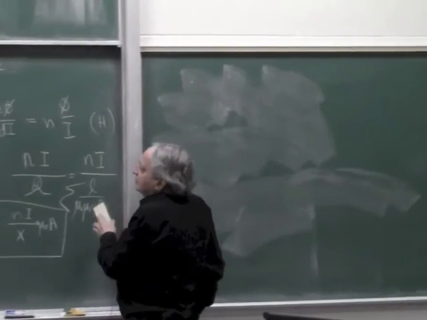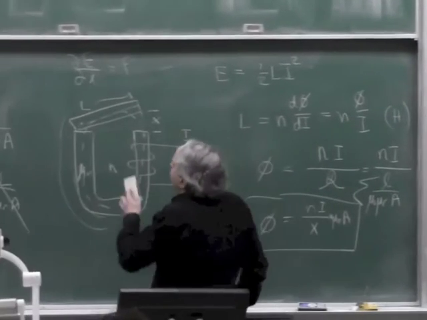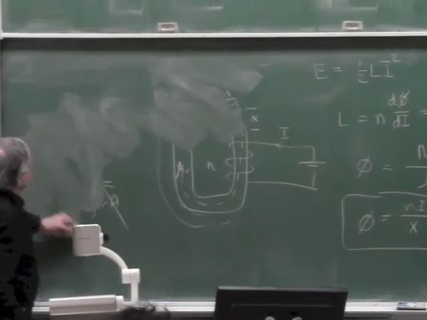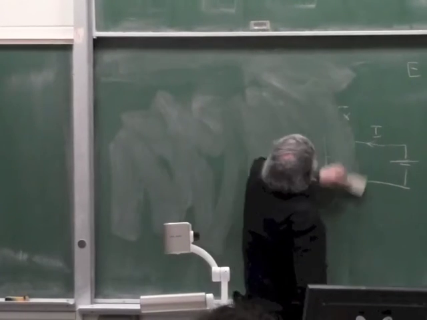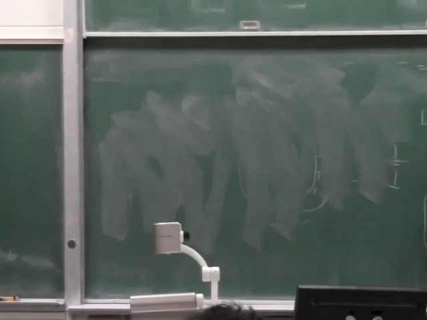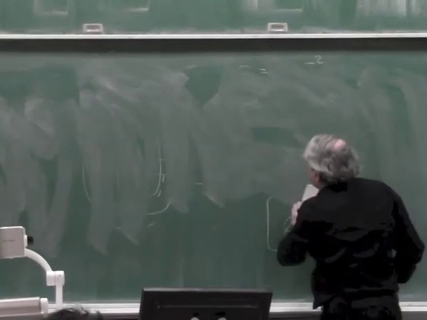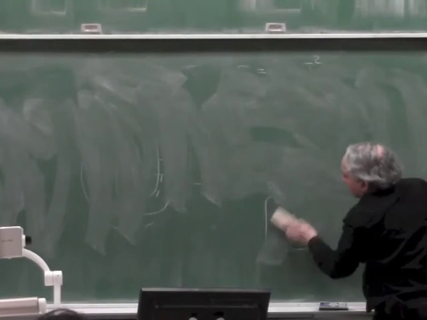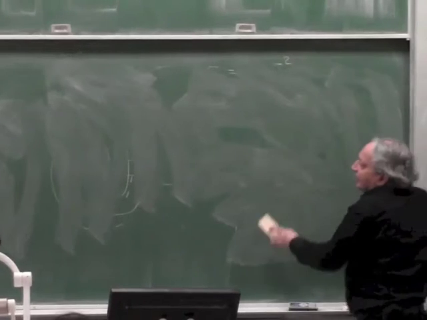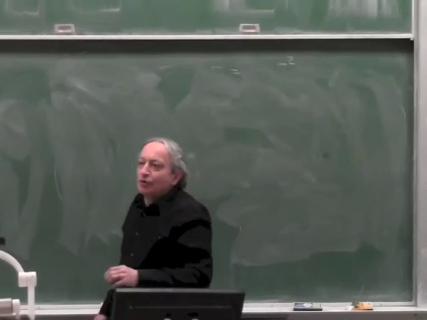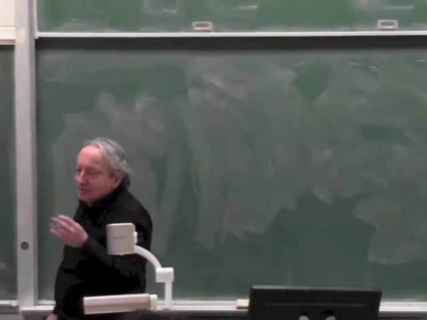Okay, good. By the way, this method of getting the force by the derivation of energy is also used in mechanical engineering, where it's sometimes referred to as the virtual work principle, which you may or may not have heard of.